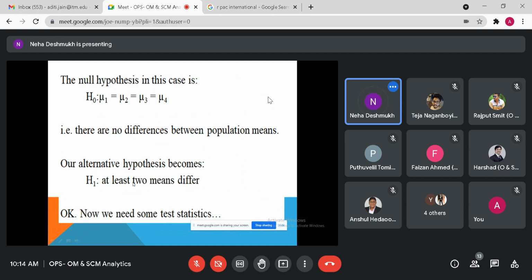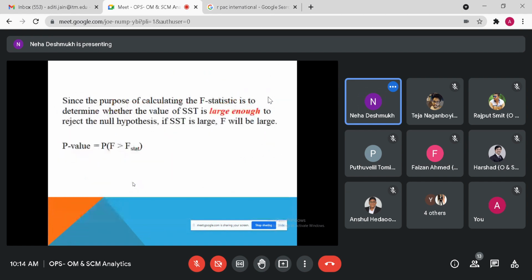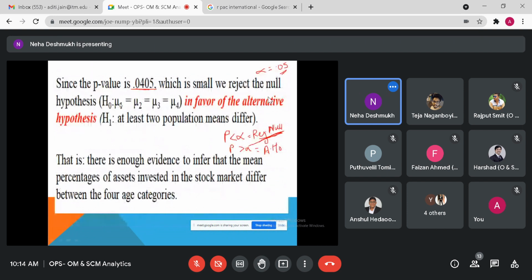Agree? See, we reject the null hypothesis means what? We accept the alternate hypothesis, which means what? At least two population means differ. How do we write this in terms of interpretation?